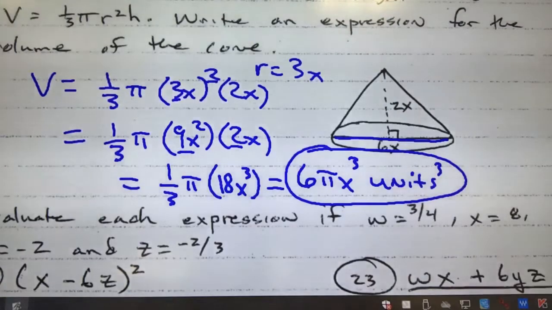Let's take a look at 25 on this page. Same page, 25.